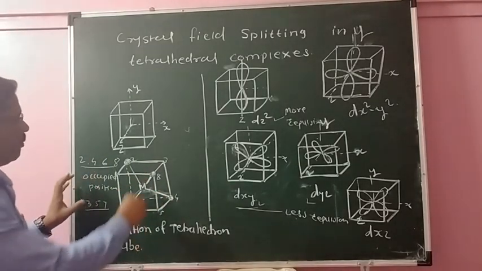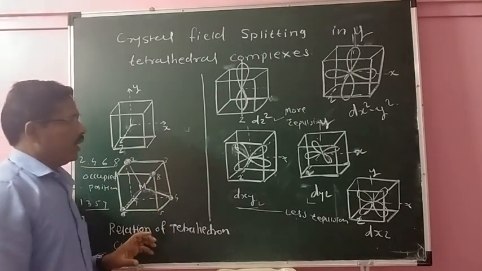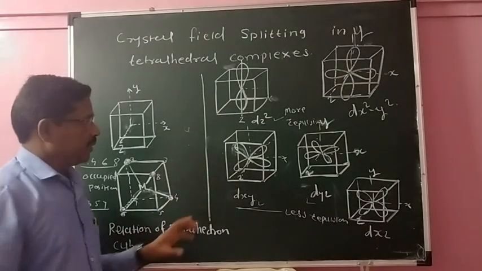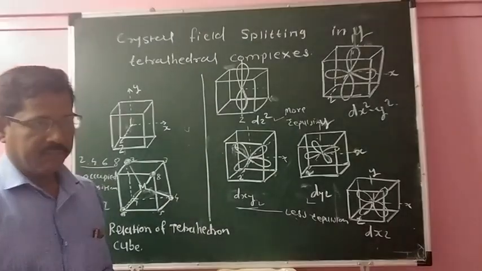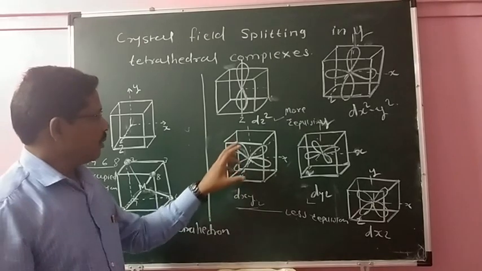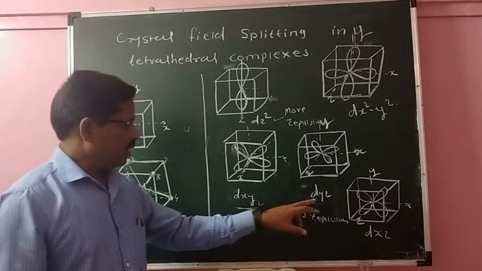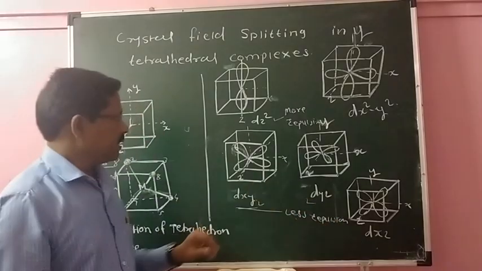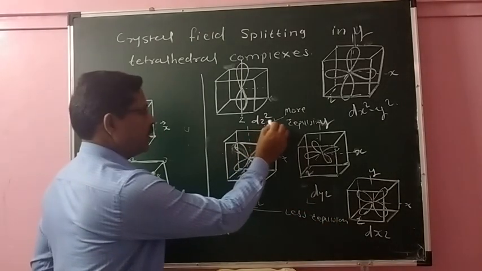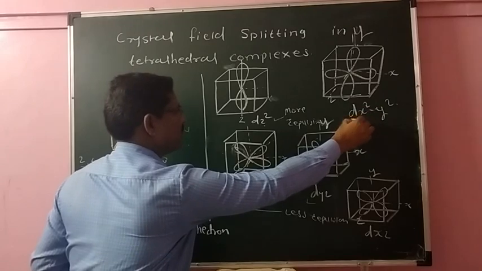Here, this is the tetrahedron in the cube. In tetrahedral complexes, the d orbitals are dxy, dyz, dxz, dz square and dx square minus y square.